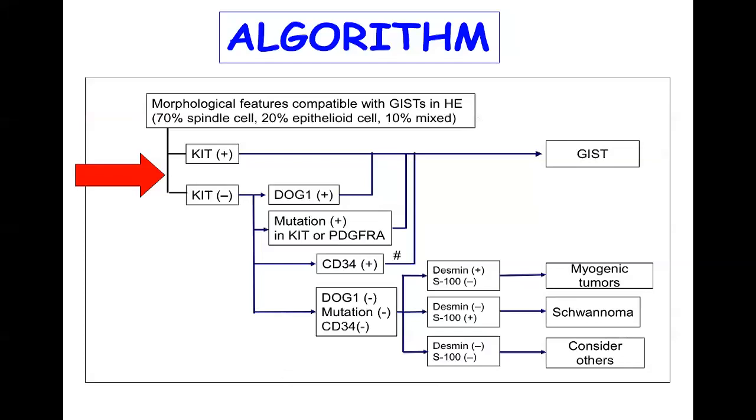But if KIT negative, DOG1 negative, mutation negative, and CD34 negative, you have to search Desmin or S100. Positive, negative: myogenic tumor. Negative, positive: schwannoma. Negative, negative: consider other tumor.